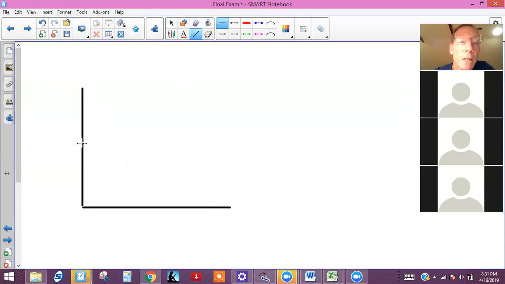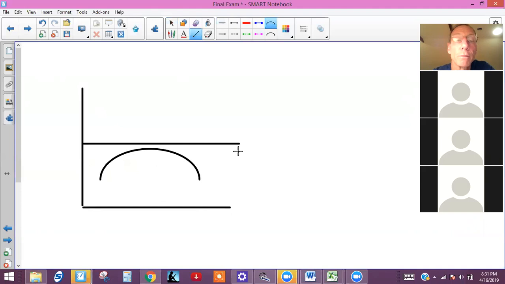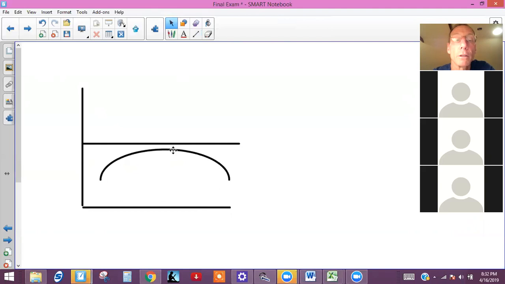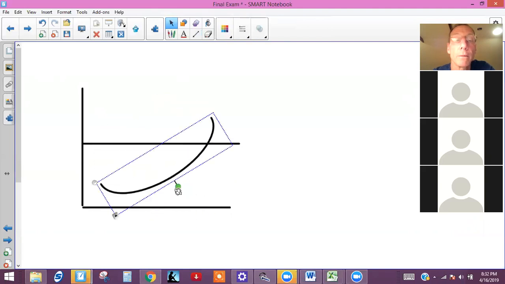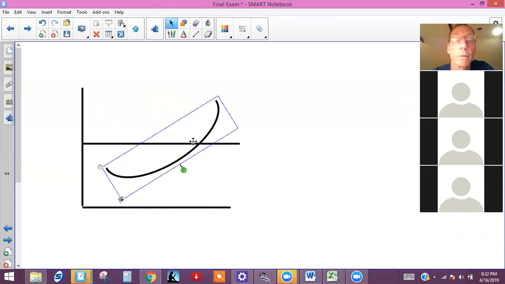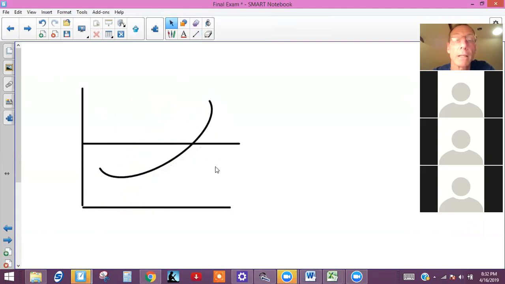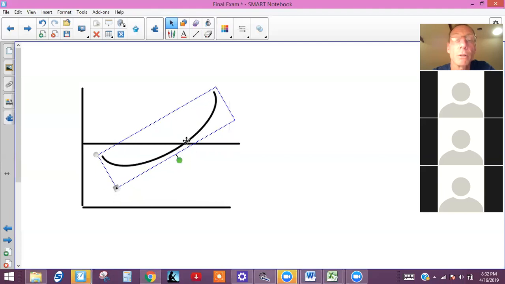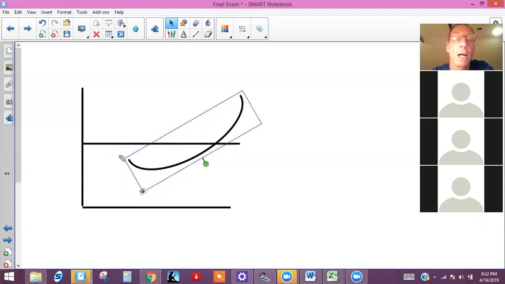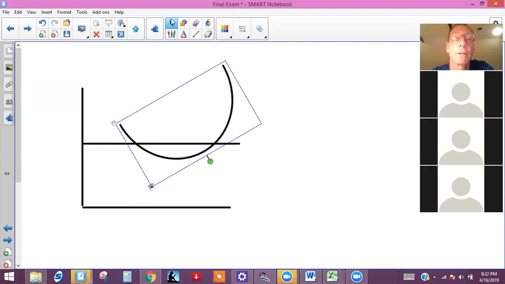And you've got the price line here, right? And you've got your marginal cost curve here, except I'm going to turn it over like that. It's not exactly right, but close enough, right? Actually, you know what? Let me just not do that. Let's call that a mess up, right?